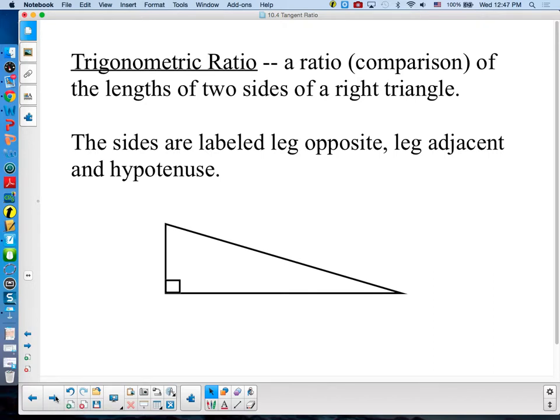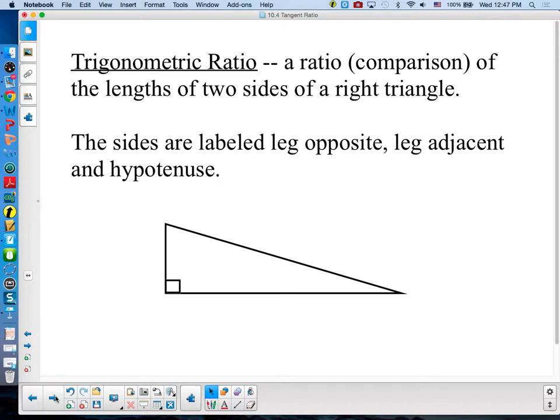That's why we abbreviate it or say trig a lot instead of trigonometric. A trigonometric ratio is a ratio, which you'll recall is just a comparison of two numbers.